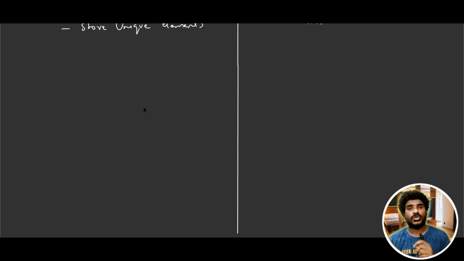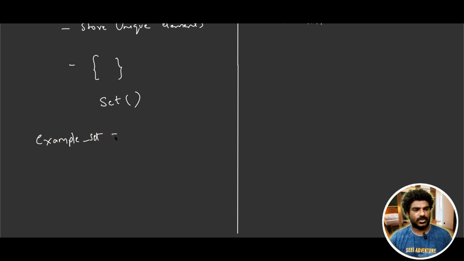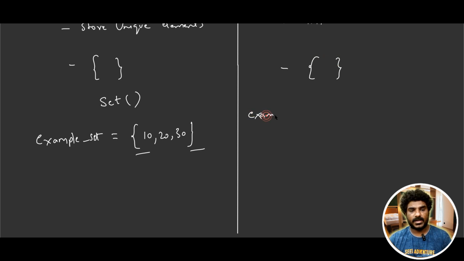Now there are two options to create sets. One is using curly braces, or the other is using the set function. So let's see how you create a set. You say 10, 20, 30. This is an example of creating a set where you are using curly braces. Similarly for dictionary also you have to use curly braces. And how do you create a dictionary?